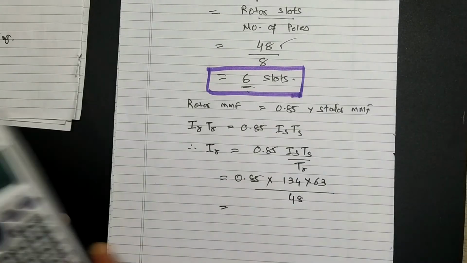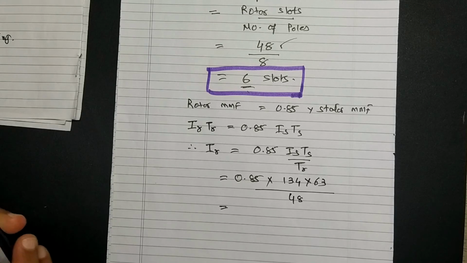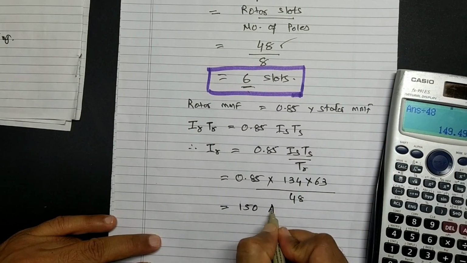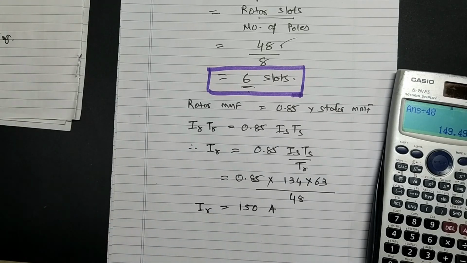So it comes to 0.85 multiplied by 134 multiplied by 63 divided by 48, which is 149, or suppose we take 150 ampere. So this is the rotor current.